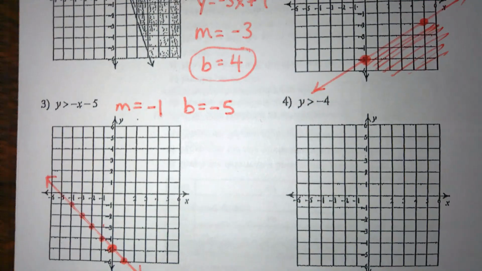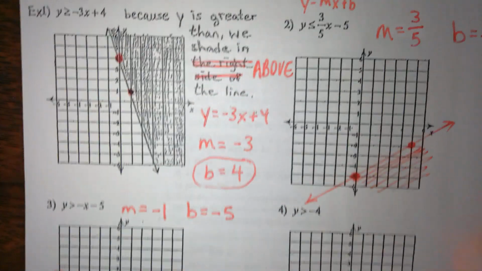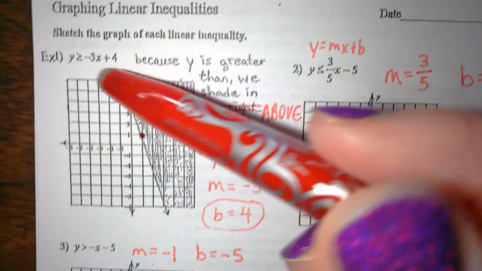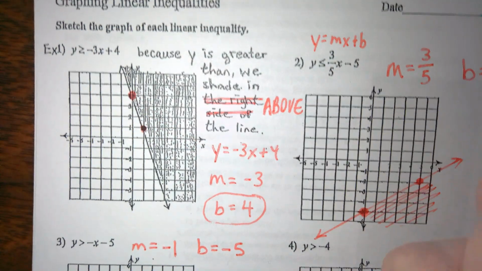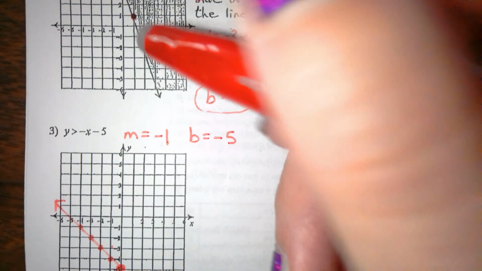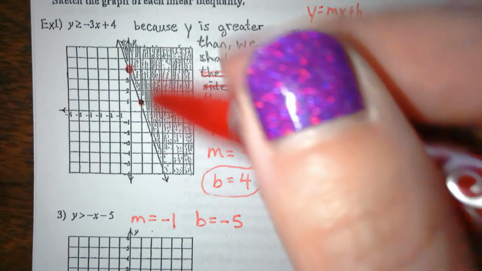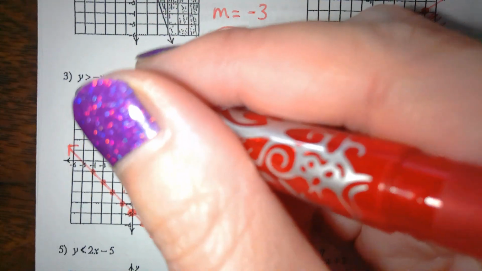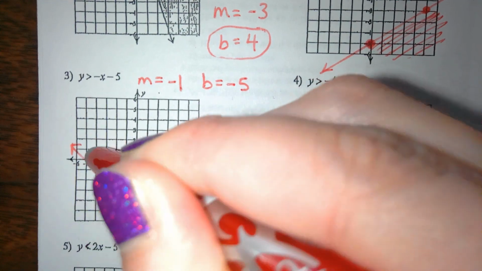If you take a look at this equation and this equation, what's different between these two equations? It's not equal anymore. That's right. So when it's equal to, just like when we did the number line, we have the solid line. Here, since it's just greater than, we do a dotted line.